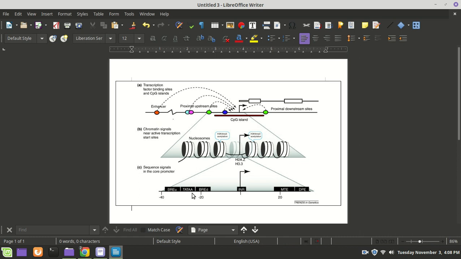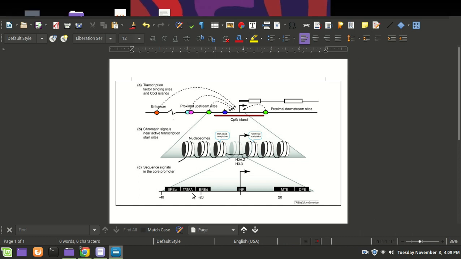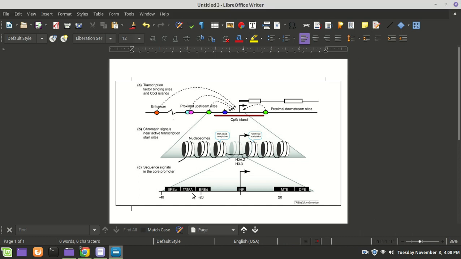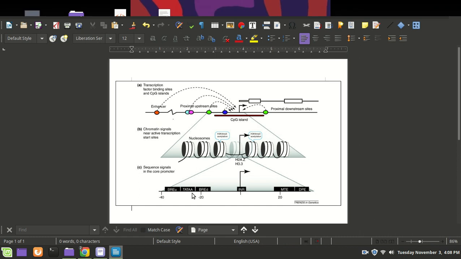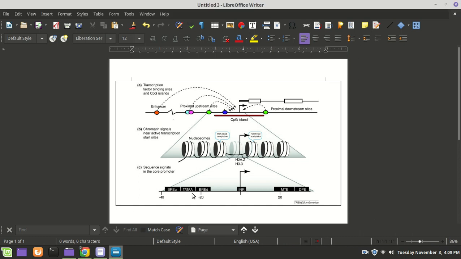So if there's a TATA box there, you're generally under the impression that 90, maybe 95% of the time, you're only going to have one transcription start site. But if you have some of these others, like a GC box instead of a TATA box, GC boxes, on average, have 3, 4, 5 transcription start sites. So there's a little bit more going on with a GC box.